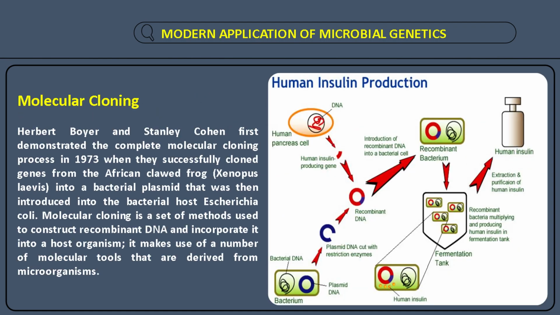So molecular cloning. As you can see in this example right here, they are using a plasmid from bacterium and the insulin gene from the human. They combine that, called recombinant or recombination of DNA, which will later produce insulin, or human insulin.